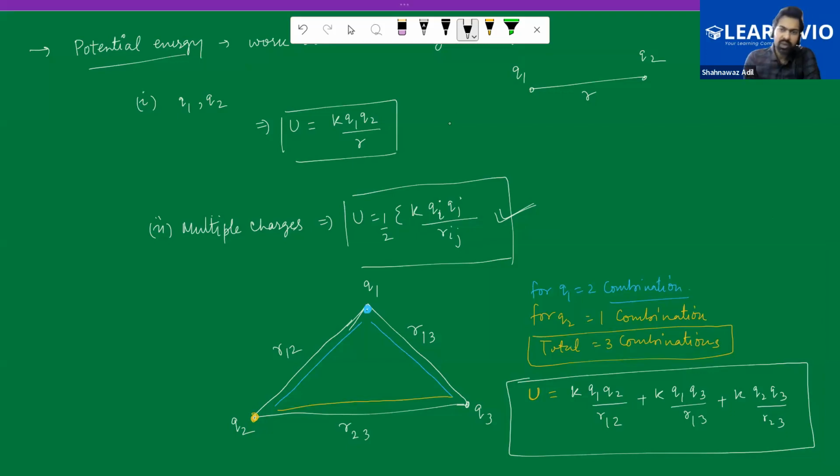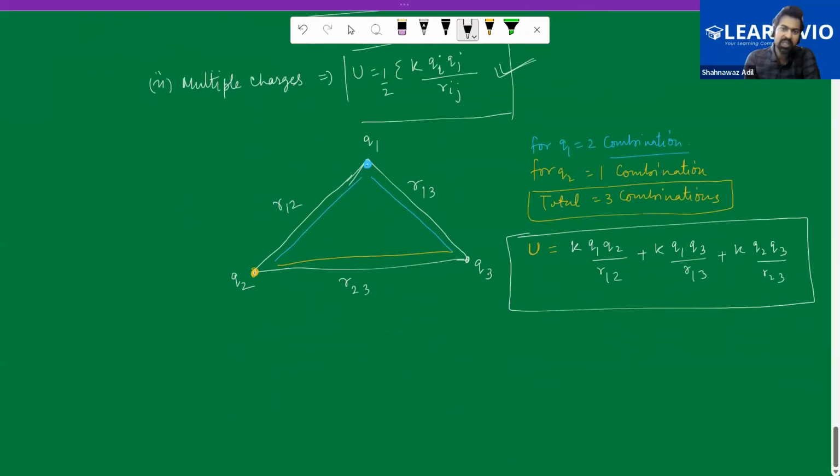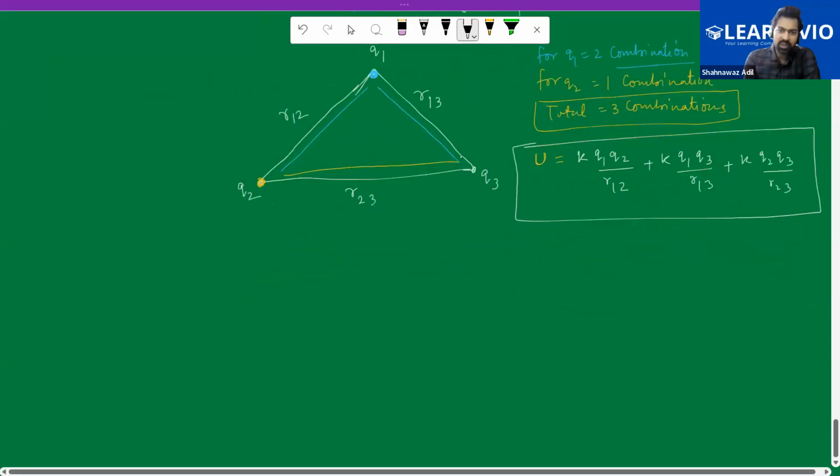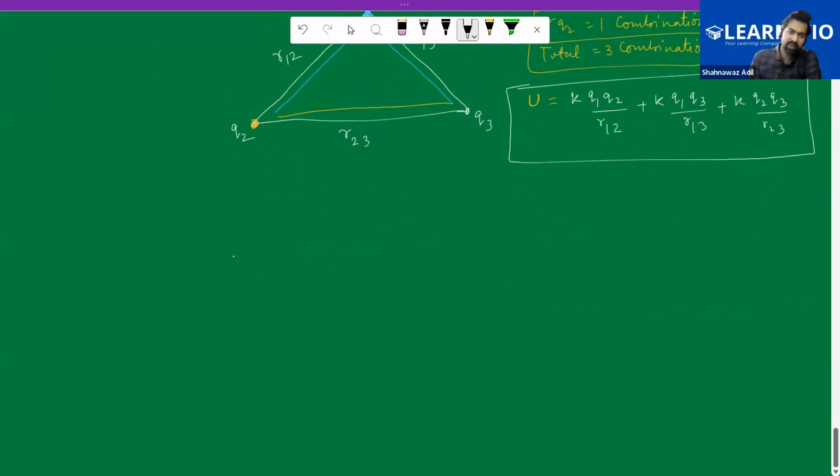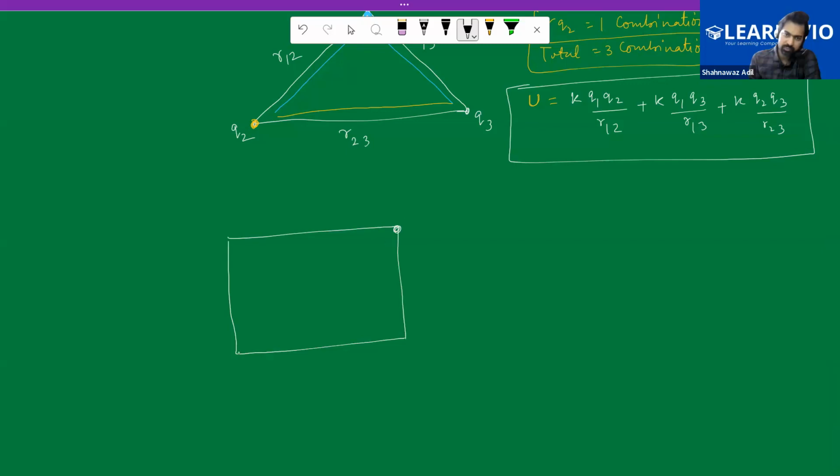Good. So now we can also use this to find out the potential energy of four charges, right? So let us find out the potential energy of four charges. This is Q1, Q2, Q3, Q4.